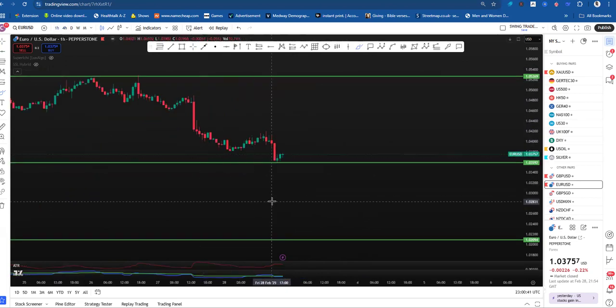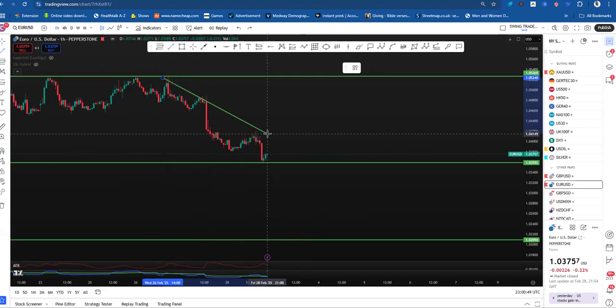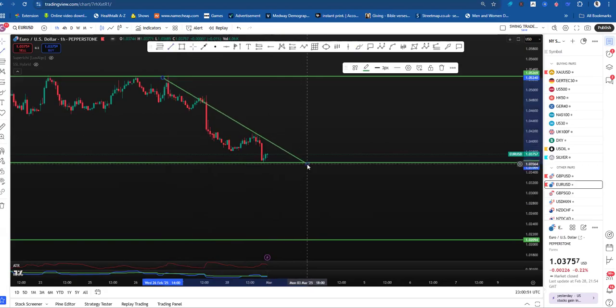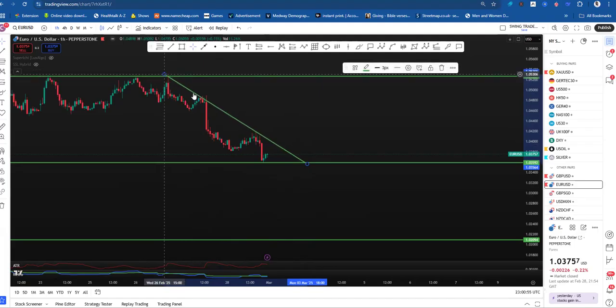So for us to even do better, let's go to the 1 hour time frame. On the 1 hour time frame, we have a beautiful structure here that we can equally put our trend line on. So what we're looking for here is that price will break this trend line and continue to the upside.